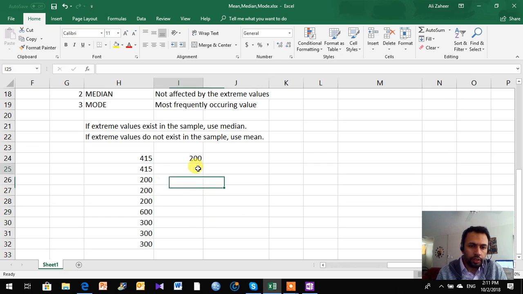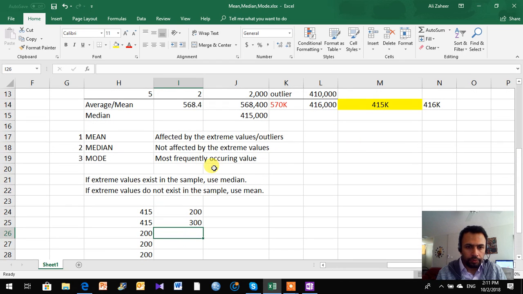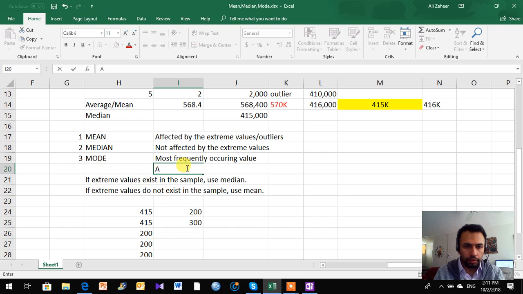We have 200 and we also have 300. So we have two modes. So we can say that a population, or in this case a sample, can be bimodal.